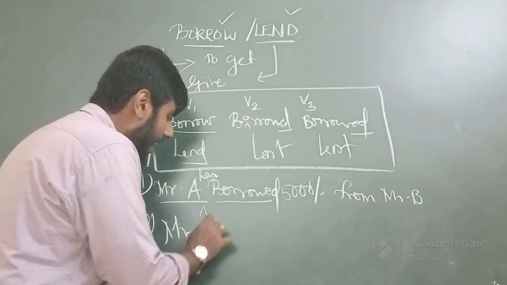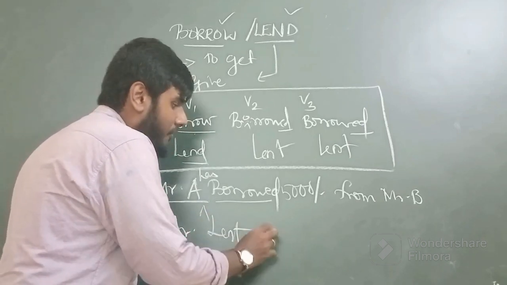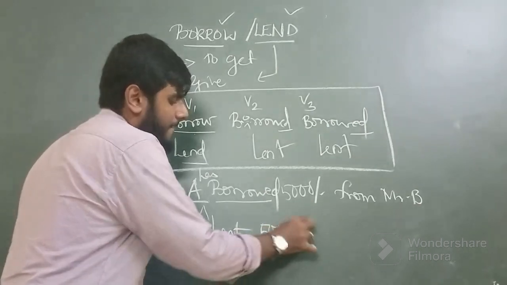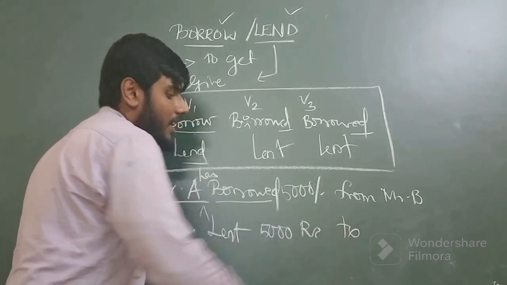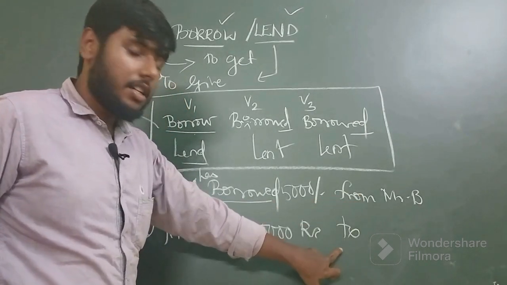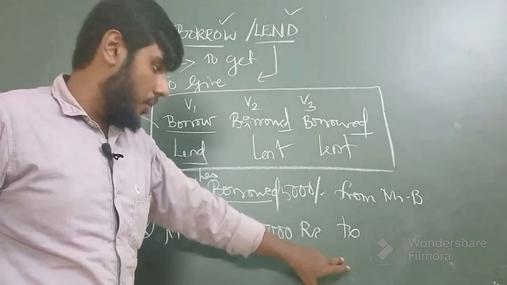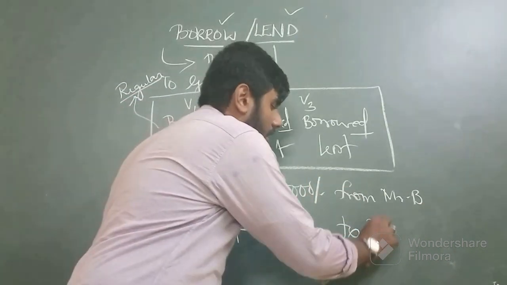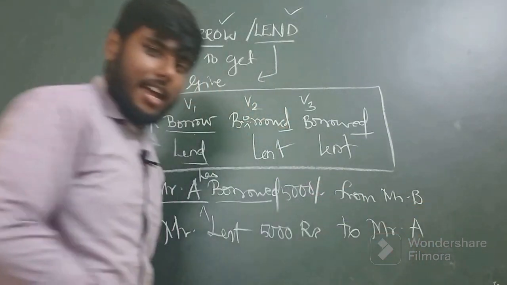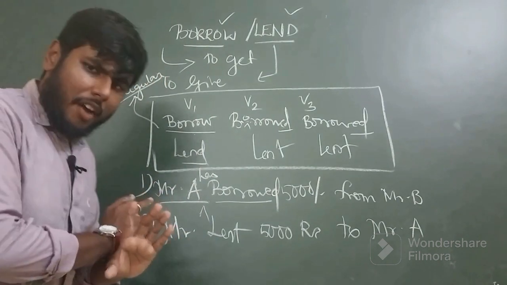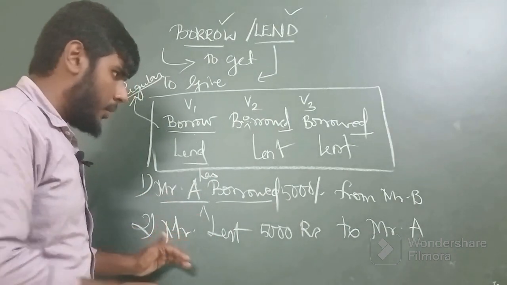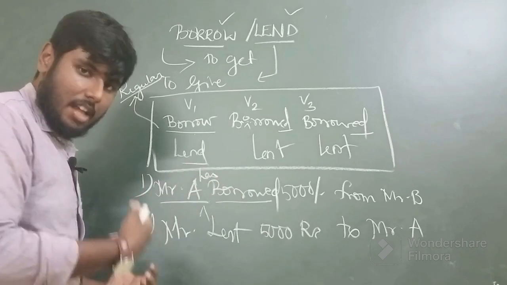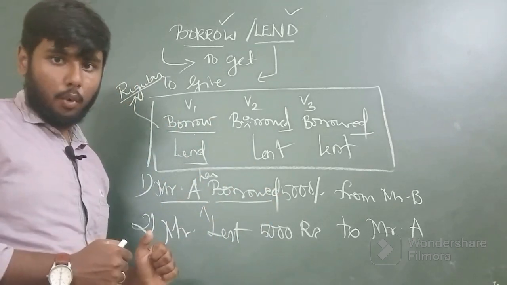So Mr. B lent 5,000 rupees to Mr. A, the borrower. Okay, so a very small play that I made here is interchanging the places of the characters involved.